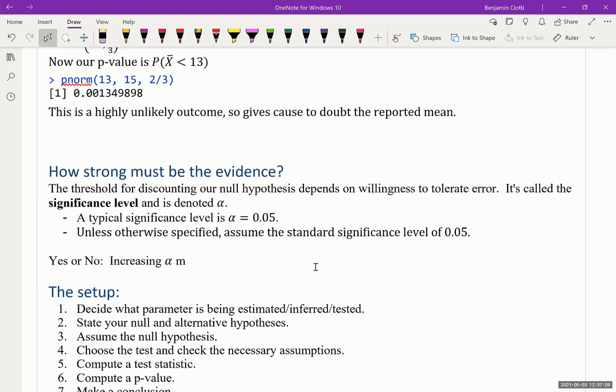Increasing alpha makes it more likely that we detect an effect in whatever experiment that we're running. Yes or no, folks?